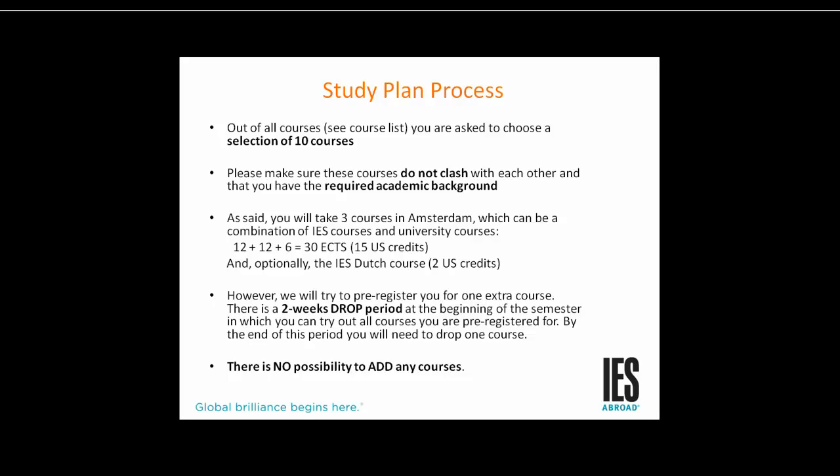And during these 2 weeks you can try out the courses that you are pre-registered for. And by the end of this 2 week period you will need to drop 1 course to get to that minimum amount of credits. And there is unfortunately no possibility to add any courses once you have arrived in Amsterdam. So this may be a little bit different from what you're used to. If we can go to the next slide.